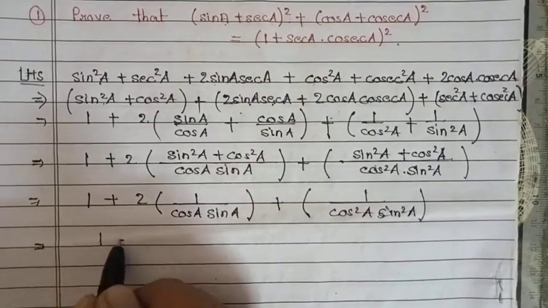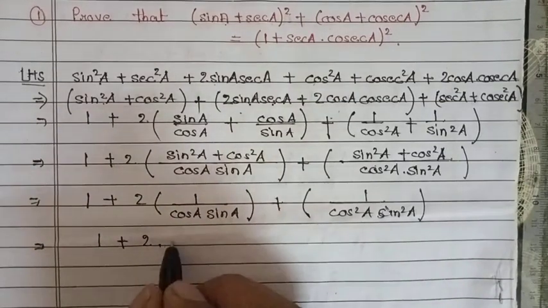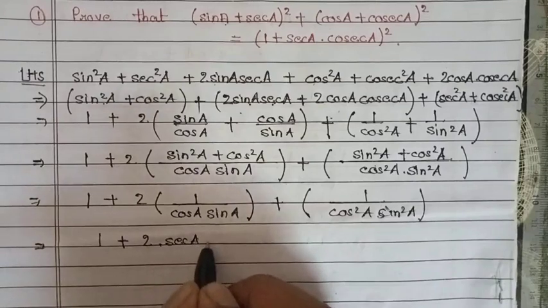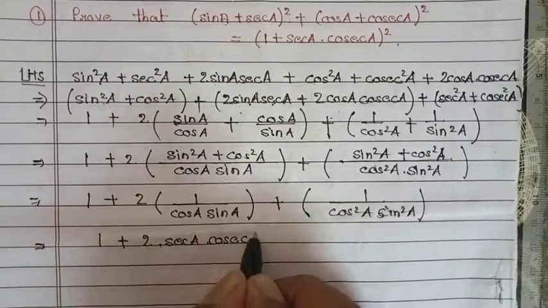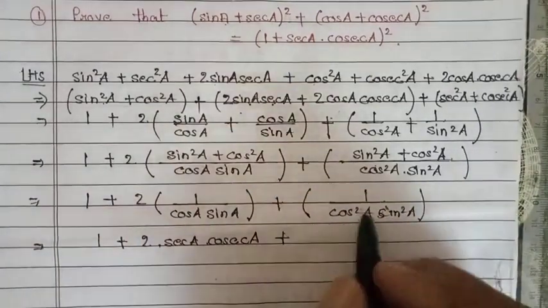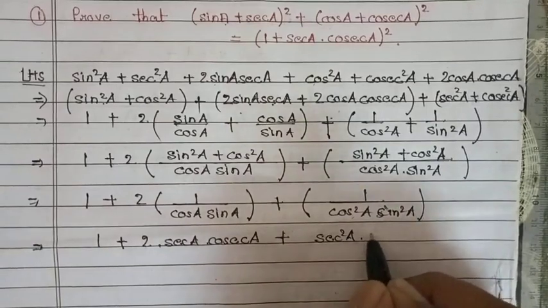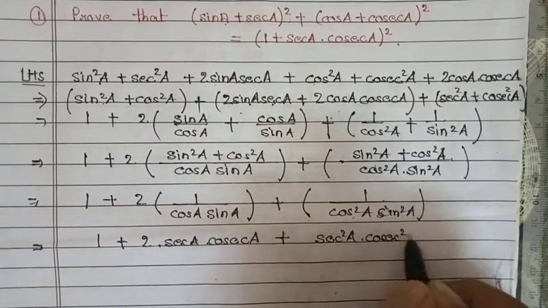So this will become, now here we will take the reciprocal. So cos and sine on reciprocal will give us sec into cosec. Here also we will take the reciprocal, so cos square sine square will give us sec square into cosec square.